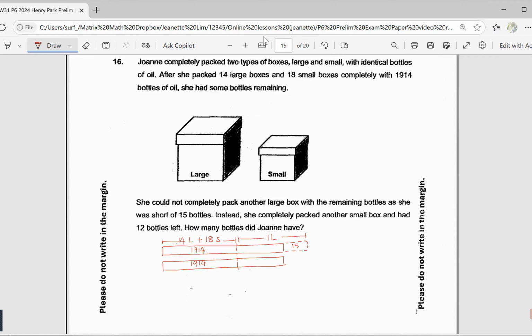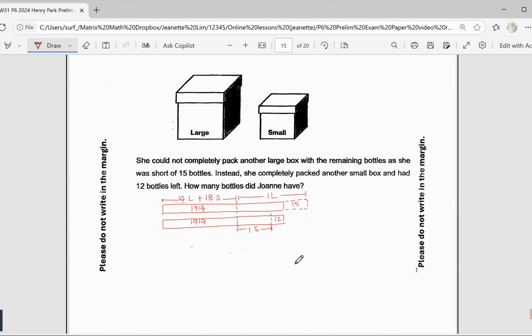But instead, she packed it into one small. If she packed into one small, she would have 12 left. So 12 is part of this original. We cut out 12. So this is for one small, without the 12. So from here, ignore the 1914 first. If you compare one large and one small, the difference is actually 15 plus 12.